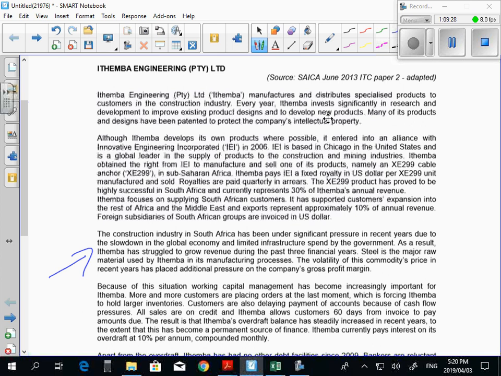What's in the first line? It invests significantly in R&D. It's one of its most important things. So what do you think if it's gone down by 8.1%? What do you think you're going to need to say in the solution? It's gone down by 8.1%, so is it good or bad?